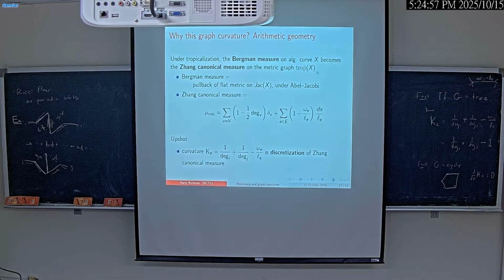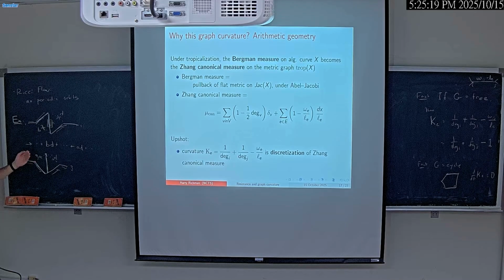Again, we can embed the curve in its Jacobian, which has non-Archimedean geometry, and the analog of this Bergman measure can be expressed as two pieces. There's a discrete piece that can be written as a sum over vertices, and there's a continuous piece where we have a sum over edges.